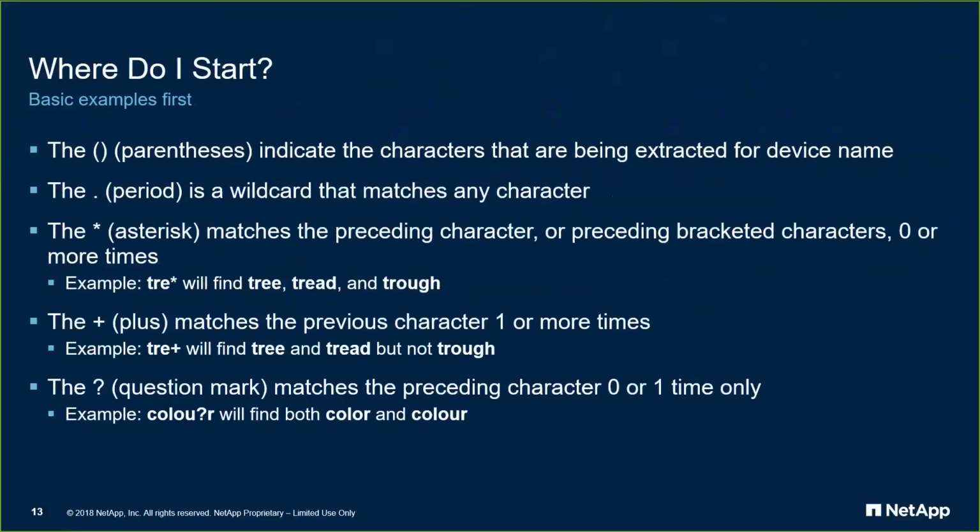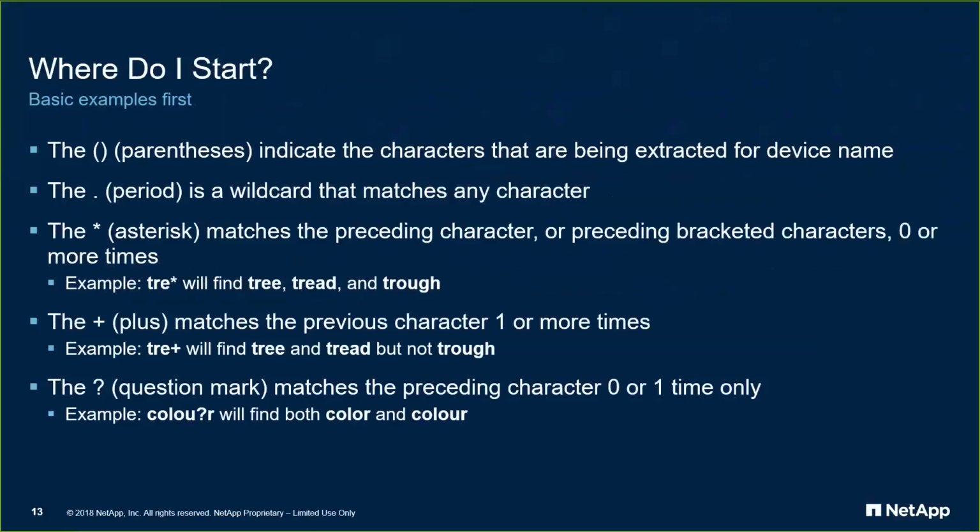Now, if we go through and we run that against, let's say, 3 different words, tree, tread, and trough, it's going to actually find all of them because the preceding characters happen 0 or more times, TRE. All of them include that, except for trough, but it includes TR, and then that's that 0 times, right? The E does not occur. So all 3 of those will pass.